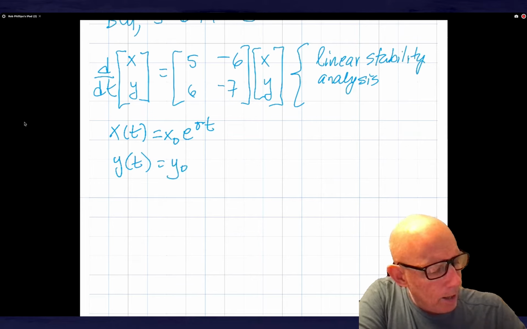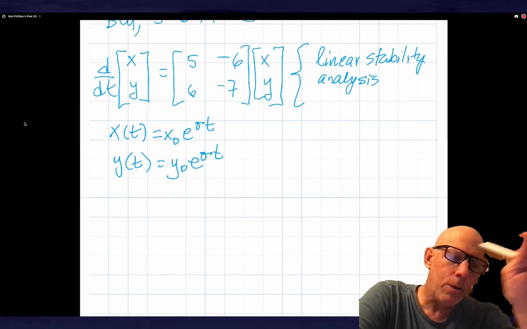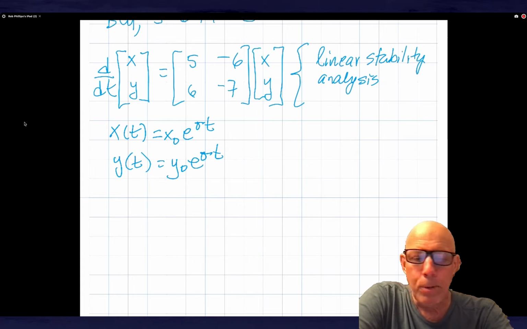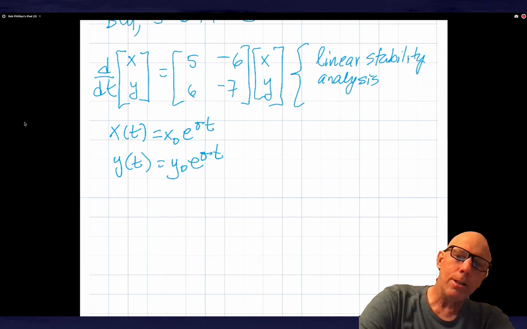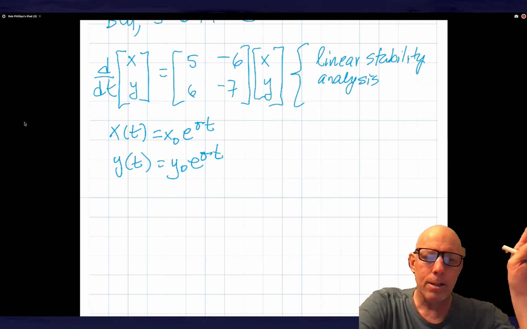And so stability here all comes down to whether sigma is greater than 0 or less than 0. If sigma is greater than 0, then the perturbation will increase in time, so we move away from the fixed point. On the other hand, if sigma is negative, then the perturbation damps out over time, because in the large t limit, e to the minus a negative quantity times time is going to go to 0.